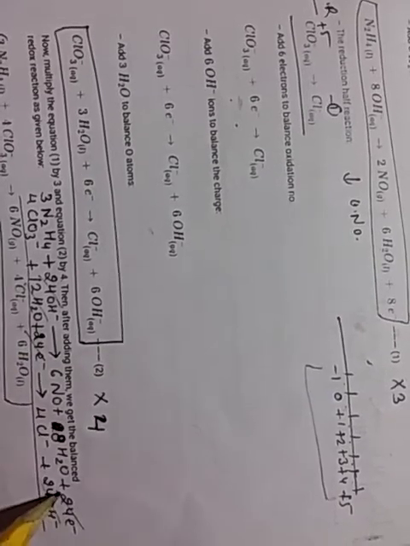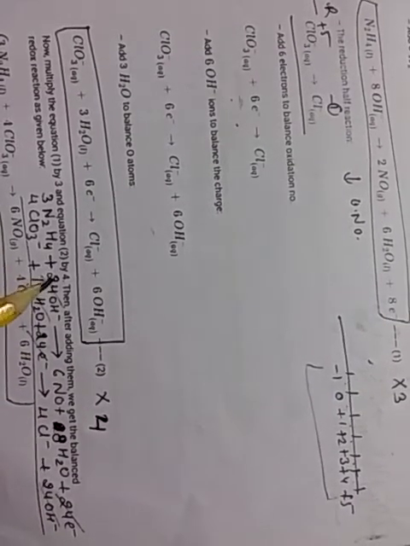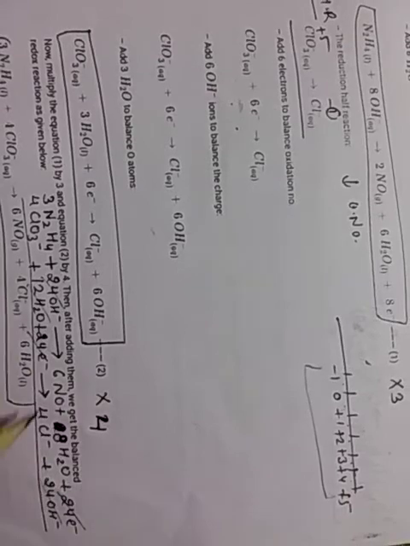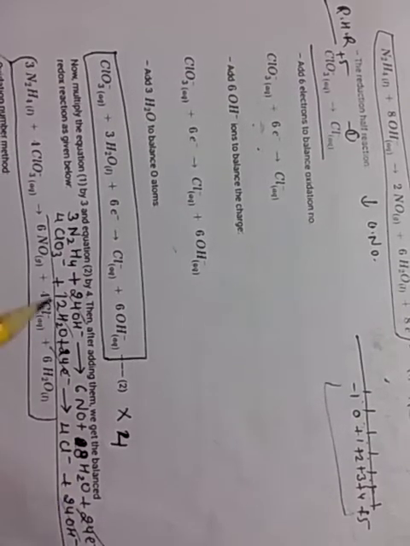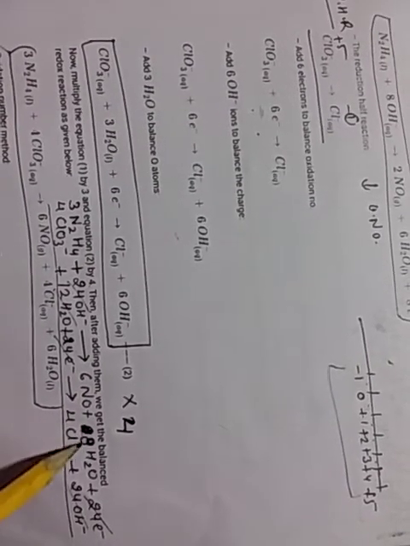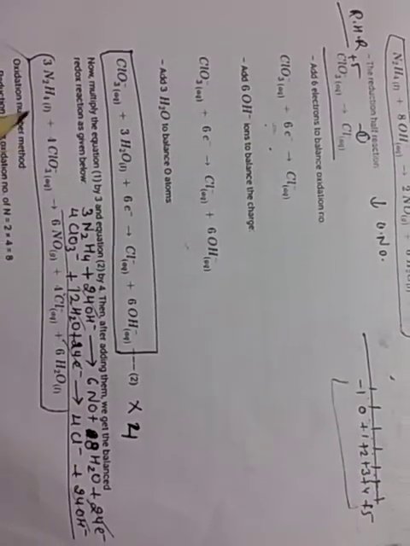The 24 electrons cancel, the 24 OH minus cancel, and 12 H2O and 18 H2O cancel, leaving 6 H2O on the right-hand side. So the equation is 3 N2H4 plus 4 ClO3 minus, and on the right-hand side 6 NO plus 4 Cl minus plus 6 H2O. This is the balanced equation.